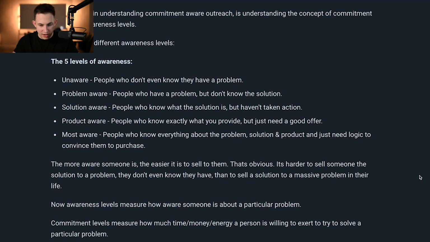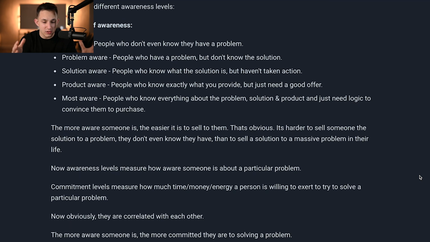That's obvious, right? It's harder to sell something to someone when that product or service you're selling is solving a problem that they don't even know they have. On the contrary, if you're trying to sell a service or a product that's going to fix the biggest problem in someone's life, they're obviously going to be a lot easier to get over that fence and say yes, if that makes sense, right?